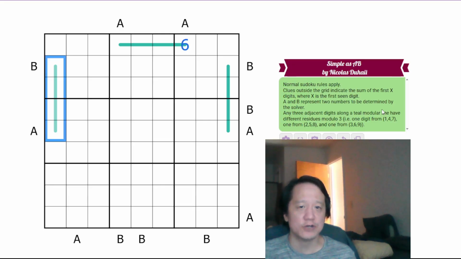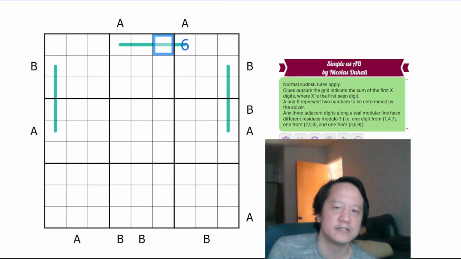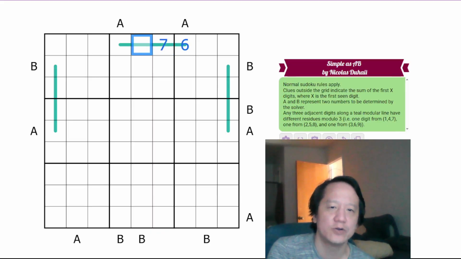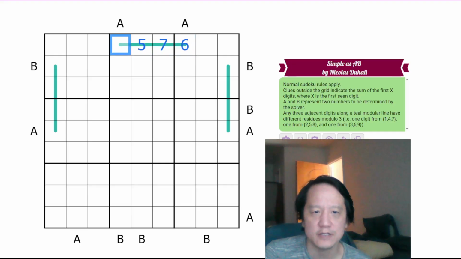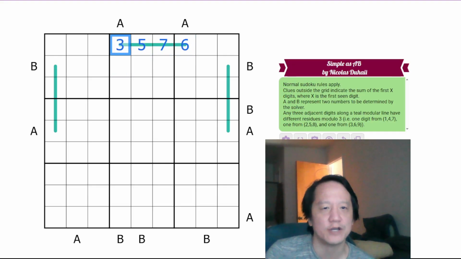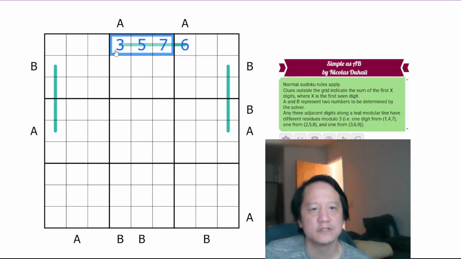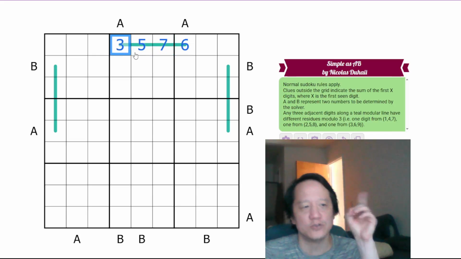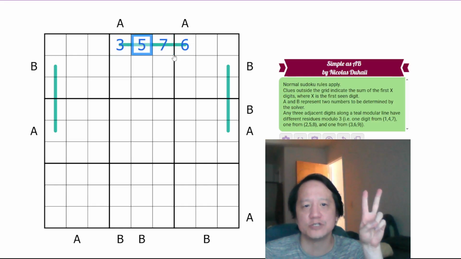Anyways, those are all the rules. Actually, let's use an example. Say we had 6 there, we could have 7 here, and then 5 there. And this would be valid, at least along this, and then this would be like 3 or 9. This would be valid because in this set of 3 digits, we have one digit which is 0 mod 3, the 3, one that's 1 mod 3, which is a 7, and one that's 2 mod 3, which is the 5.